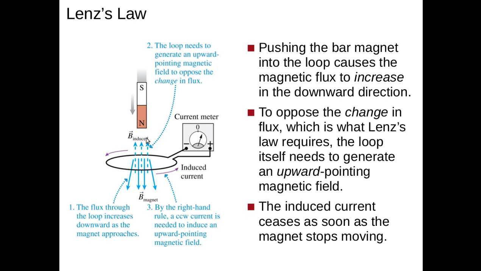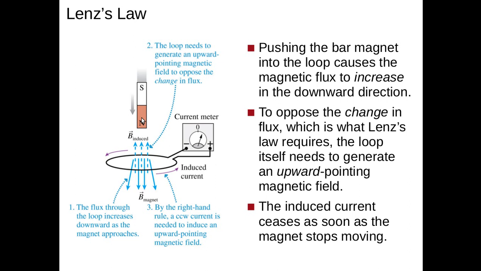Right, so this is B induced. B induced is always opposite the direction of your change in magnetic field. Right, so we're bringing the magnet in closer, the magnetic field is increasing in the negative y direction, so there's an induced magnetic field in the positive y direction.